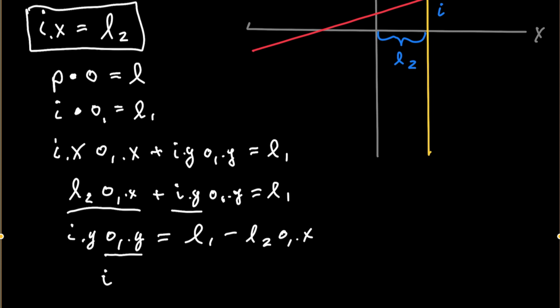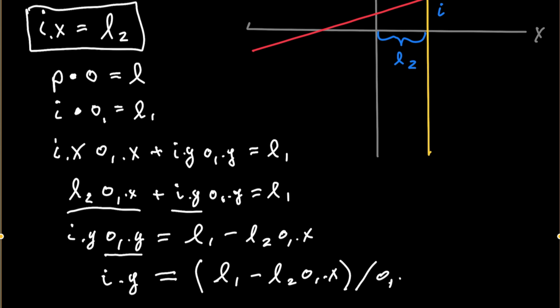And we have I dot y equals L1 minus L2 O1 dot x, quantity divided by O1 dot y.